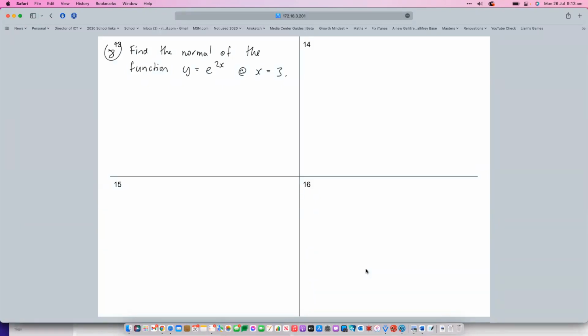So let's just quickly do this so you can see how to do this. We're finding the normal, which is the straight line that is at right angles at that point to the curve. So to remind what we do there, we have to work out what the slope is at that point. I then have to find out the perpendicular slope. I then have to substitute in a point to finish off. So this is what we're going to do.